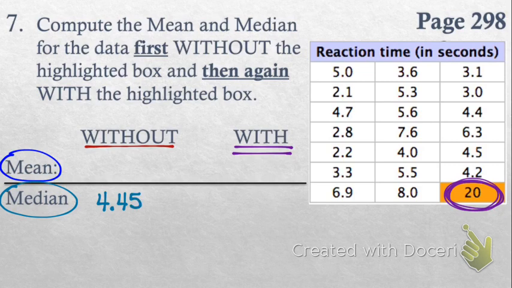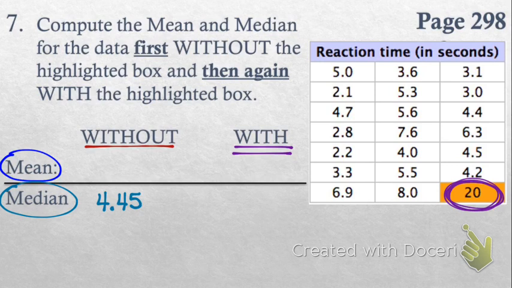What about the mean? When you add them all up and divide by, I want to say there's 20 numbers if you don't include that outlier. What the mean is for this data set if I do not include that number that's highlighted in yellow.